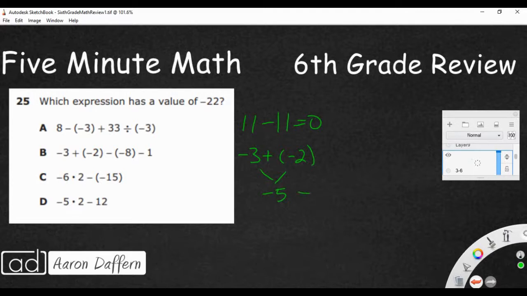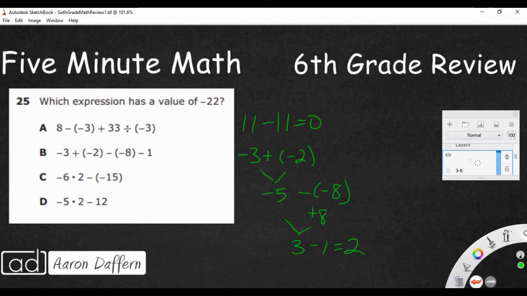And then now we need to minus negative 8. That's the next step there. And so remember, these two negatives are going to make a positive. So really, it's going to end up being plus 8. So negative 5 plus 8 is going to boil down to a positive 3. And then we're just going to minus 1, because that's the final step right there. And so that's going to get us 2.